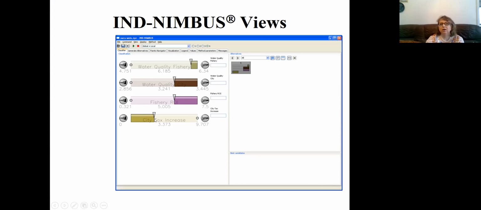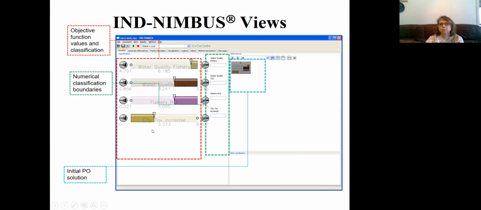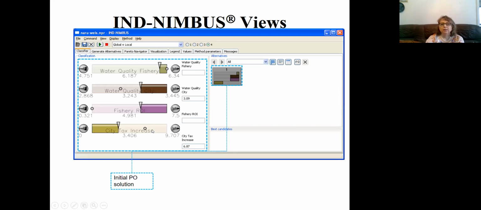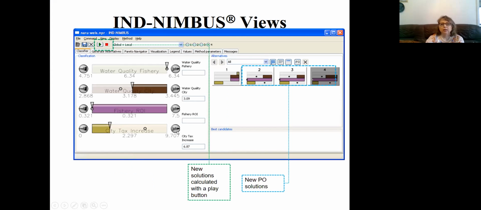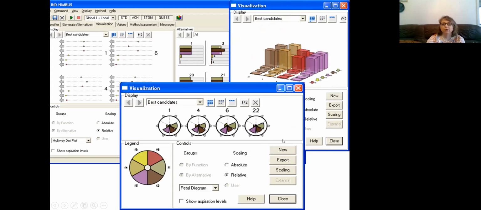So the less color there is, the closer the current value is to the best possible value of that particular function. And E-NIMBUS also has different visualization opportunities to compare the solutions generated if the decision maker wants to utilize those.